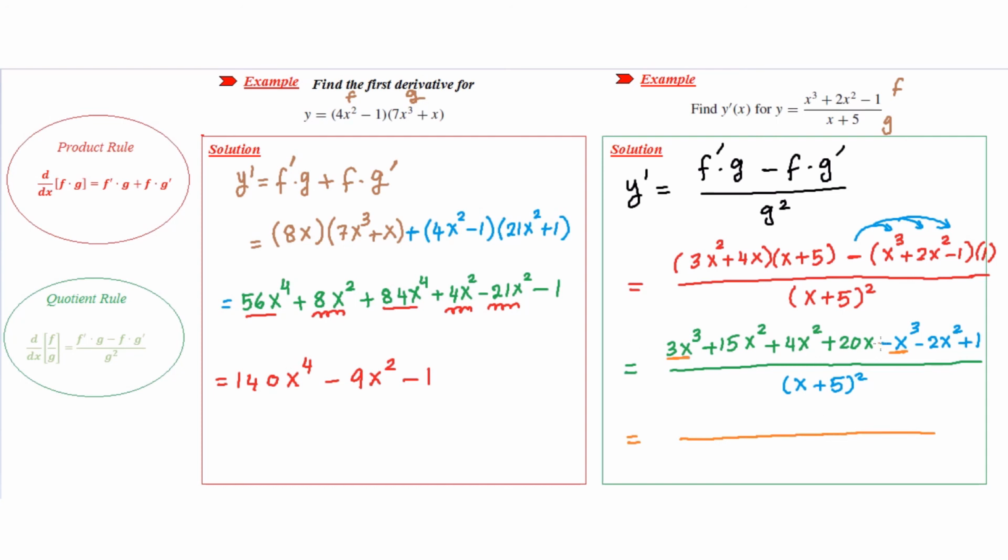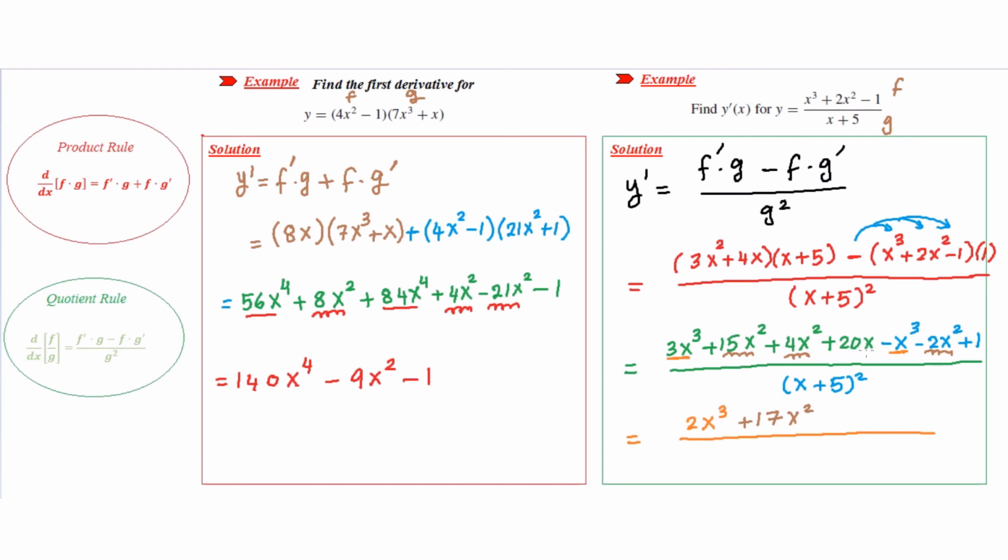So 3 minus 1 equals 2x cubed. Then you go to x squared, and you see that 15x squared is similar to 4x squared, also similar to negative 2x squared. So 15 plus 4 equals 19. 19 minus 2 equals 17x squared.